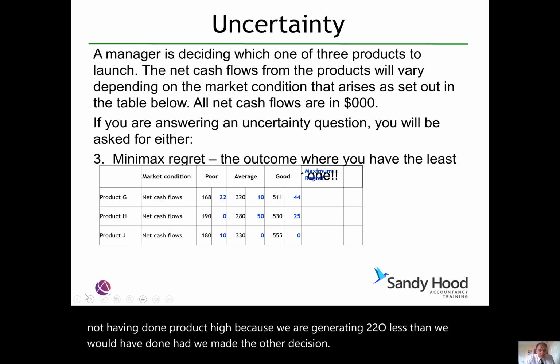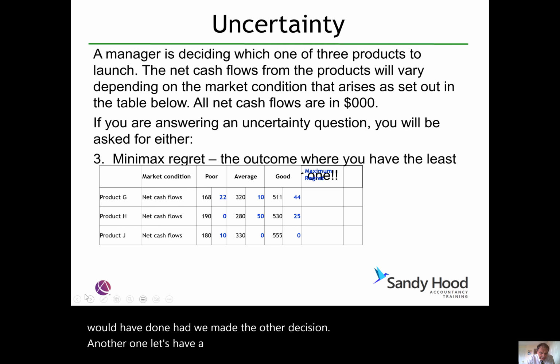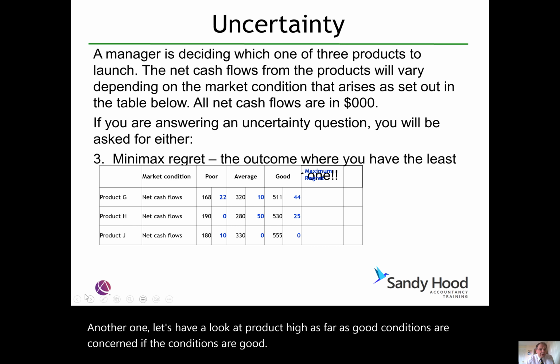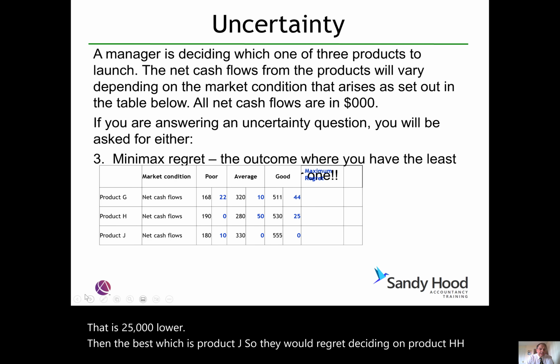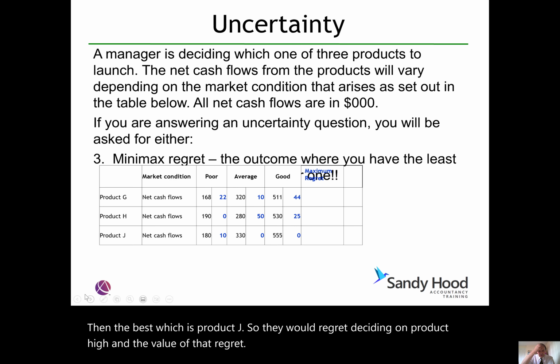Another one. Let's have a look at product H as far as good conditions are concerned. If the conditions are good, then product H would generate net cash flow of 530,000. That is 25,000 lower than the best, which is product J. So they would regret deciding on product H, and the value of that regret is $25,000.